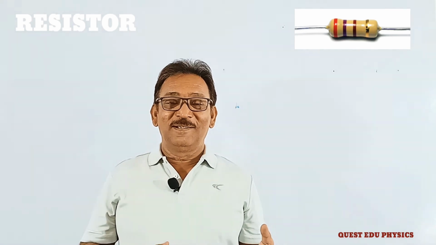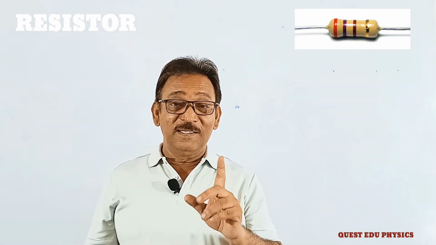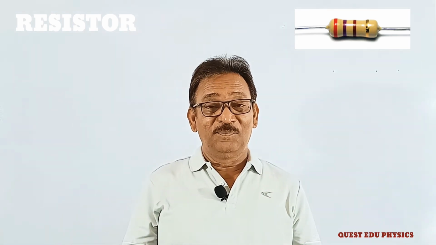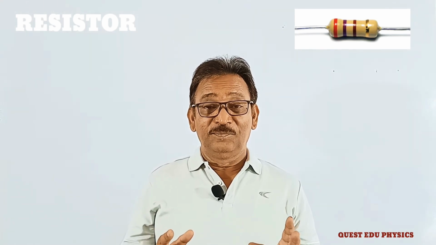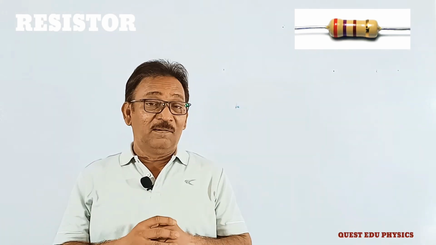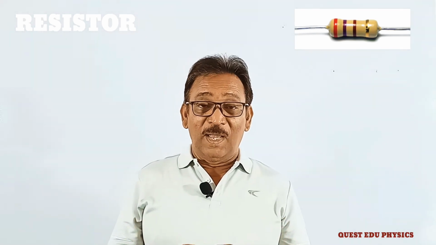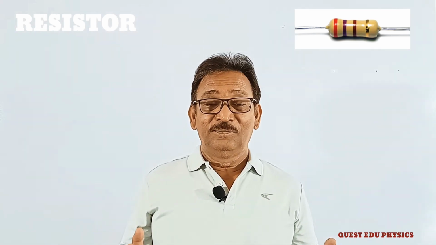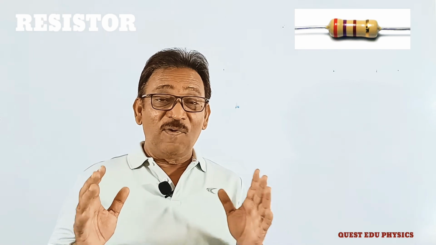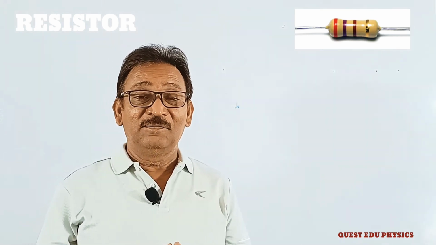Okay, students. I said a resistor is a two-terminal device, which is a passive electrical element. And what is the function of the resistor? We have to understand.